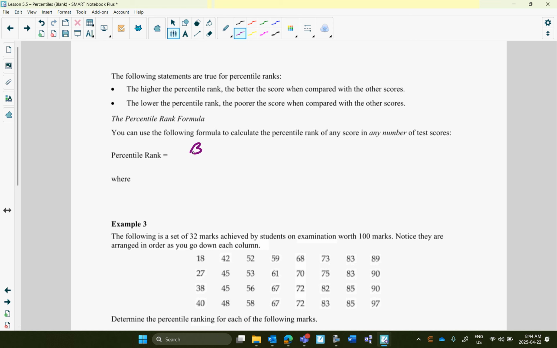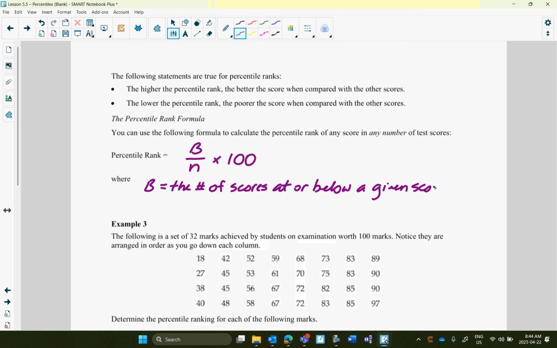We would do capital B over N times 100, where B represents the number of scores at or below a given score, and N represents the total number of scores.